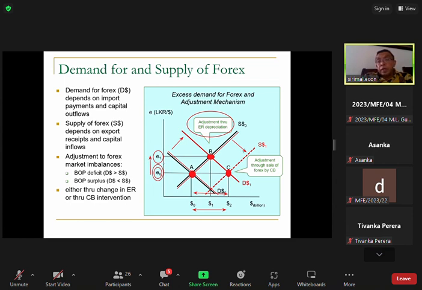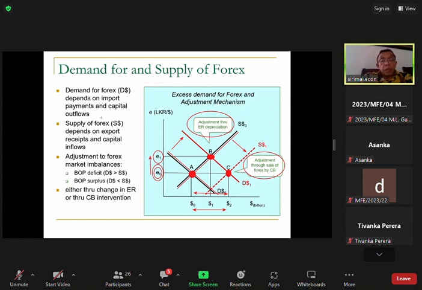And if it is central bank intervention, central bank intervention means selling foreign exchange in the case of deficit, and also buying foreign exchange in the case of surplus. So what does it affect?